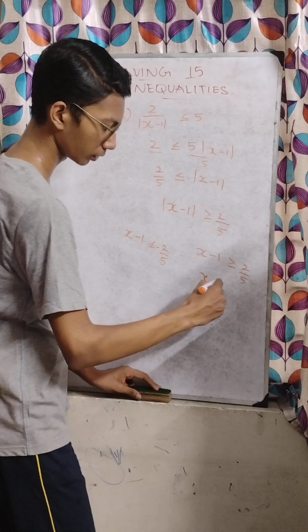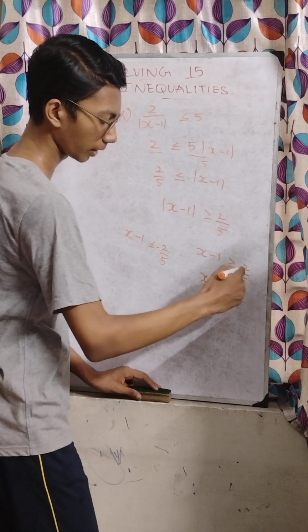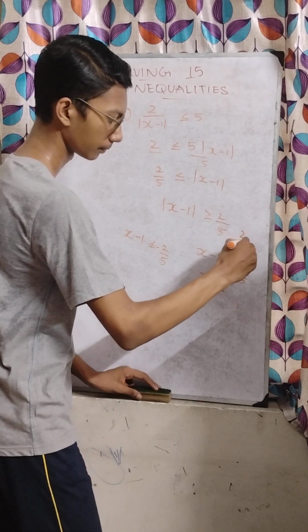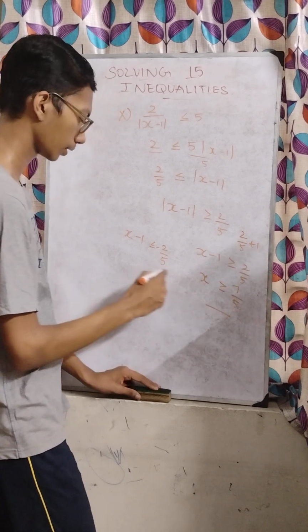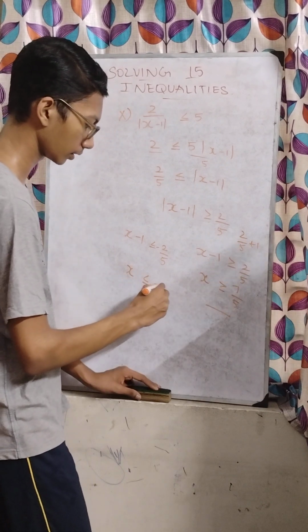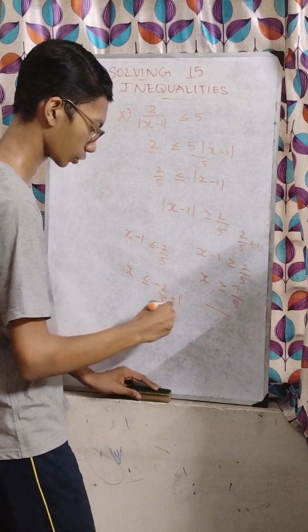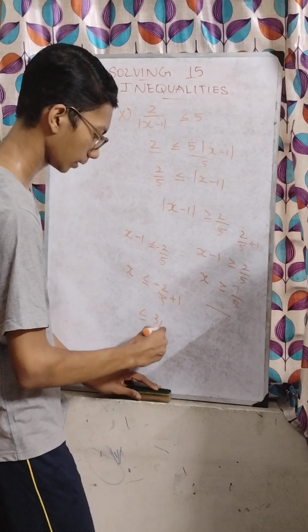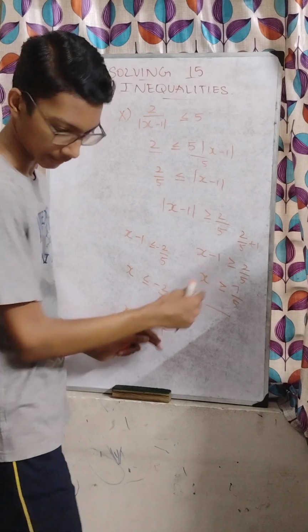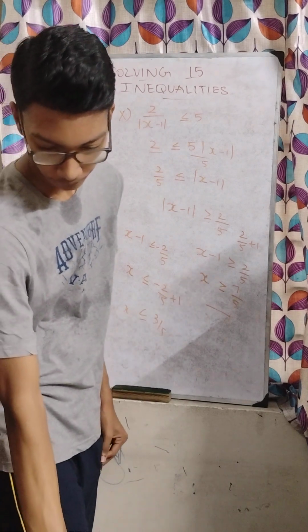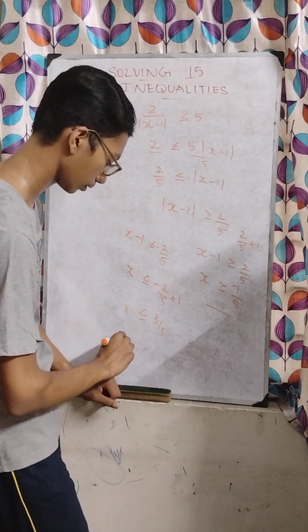Now again doing the same thing. 2 by 5 plus 1 will give 7 by 5. So this is one part. Now from here, minus 2 by 5 plus 1 will give 3 by 5. So x must be less than or equal to 3 by 5 or greater than or equal to 7 by 5. That's the answer.